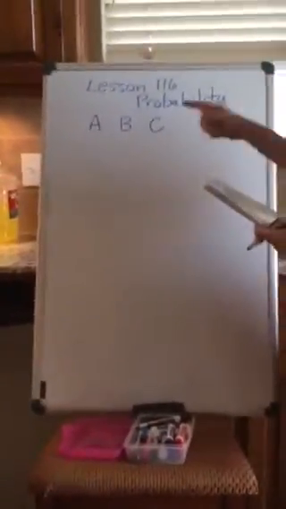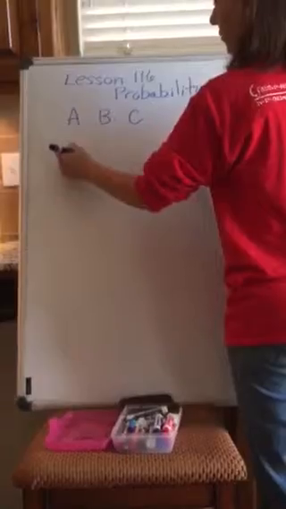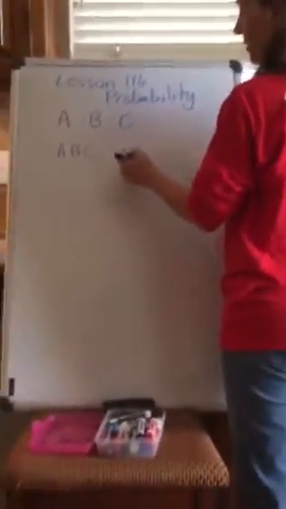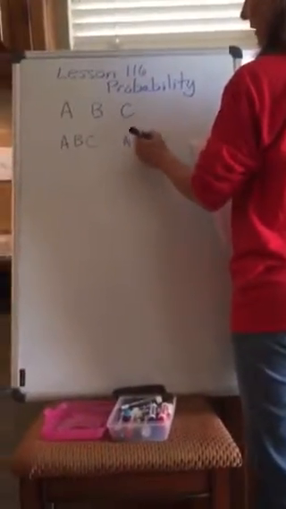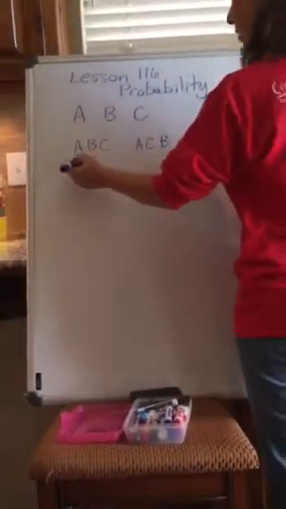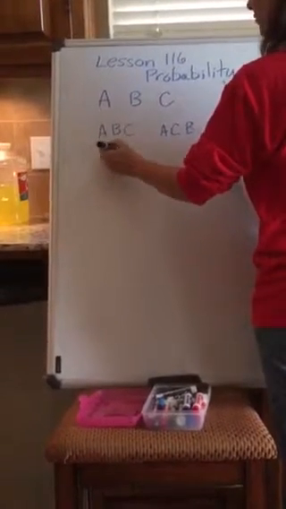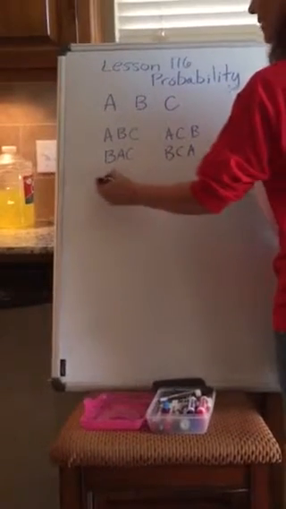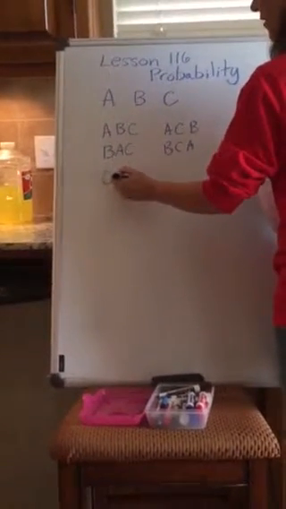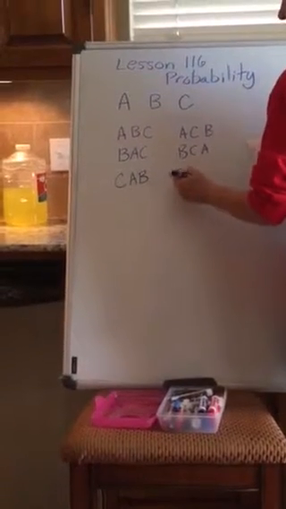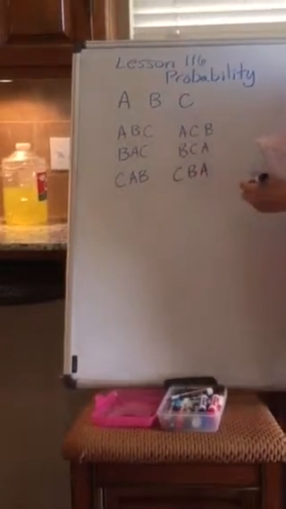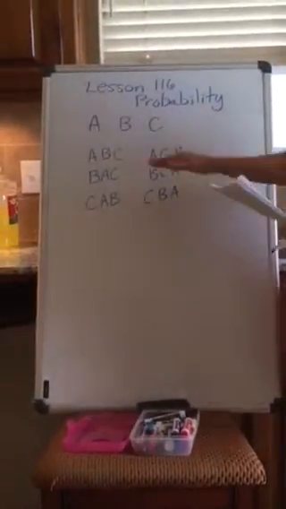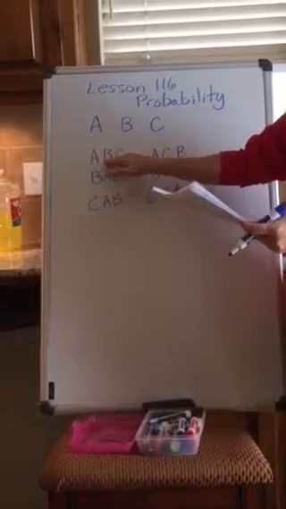Well, first A could go first, then B, then C, or A could go and then C, B. Or we could say B goes, then A, C, and then B with C, A. Then we could start with C, and it could go A, B, or C, B, A. So really, if I don't reuse the letters, once I've used A, I only have a choice of B or C to use.